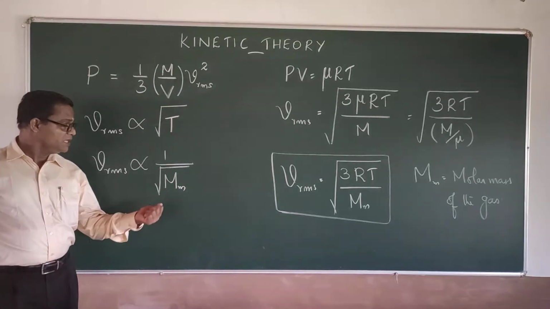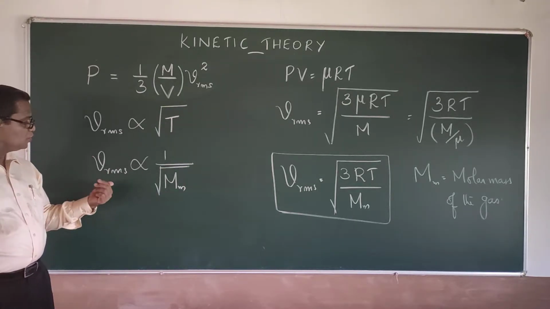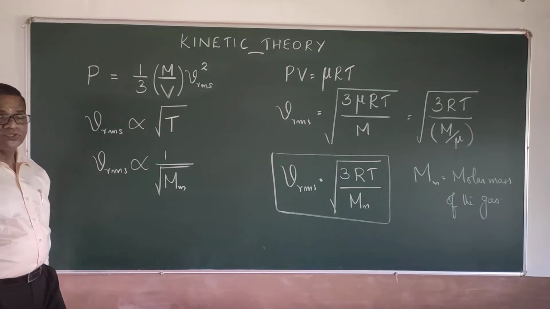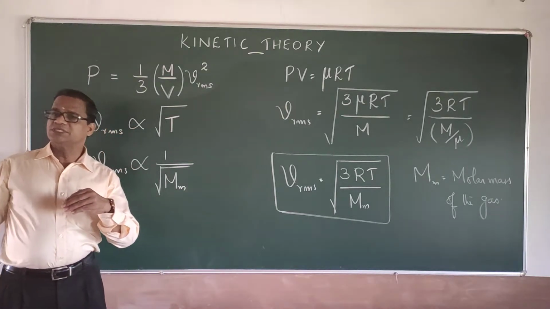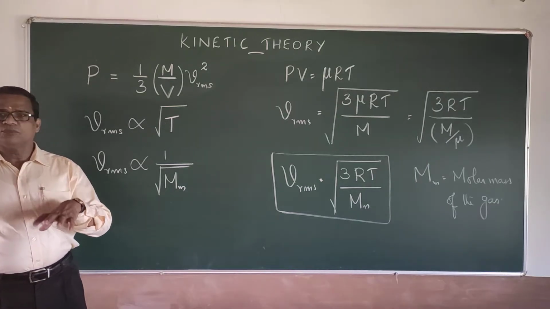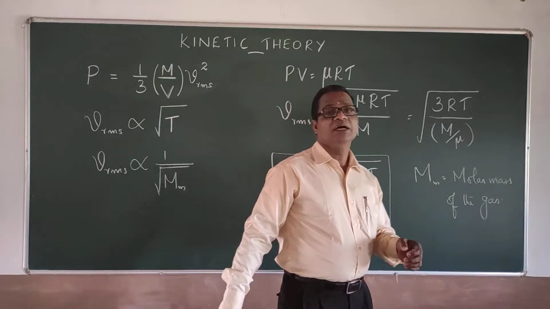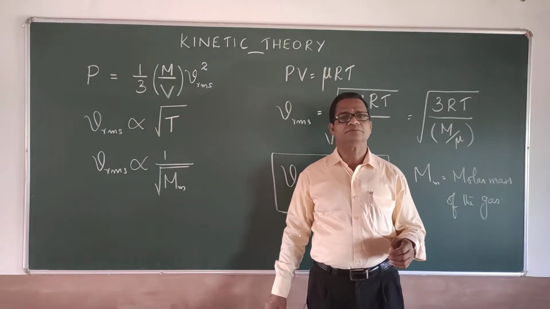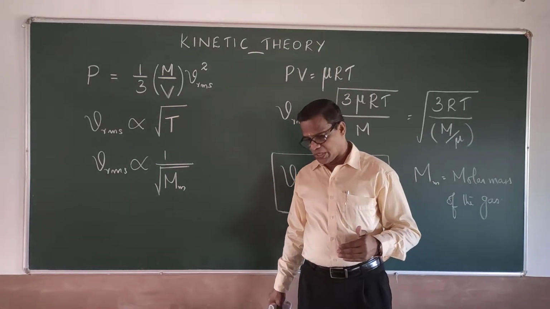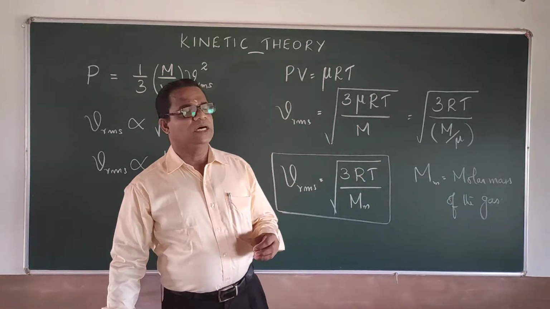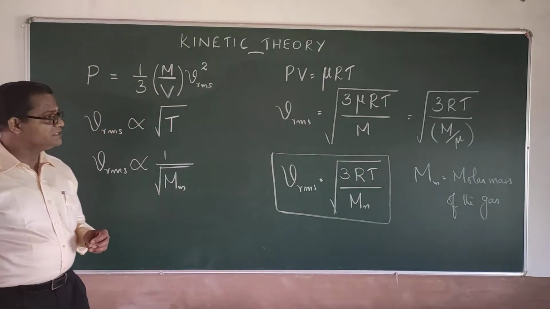As the gas changes, the molar mass changes, and therefore RMS velocity also changes. So RMS velocity depends on the nature of the gas. These two are the quantities on which the RMS velocity of the gas depends.